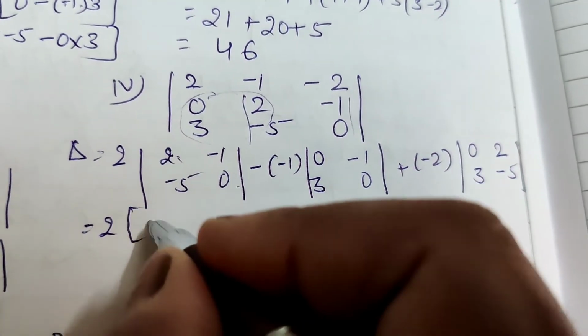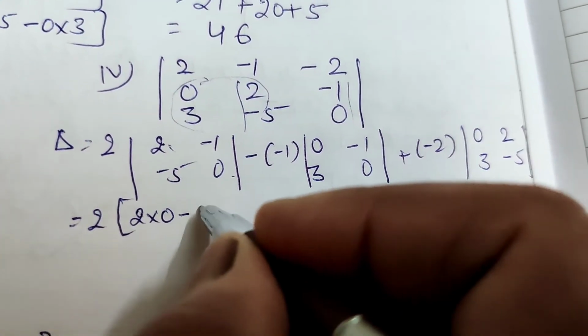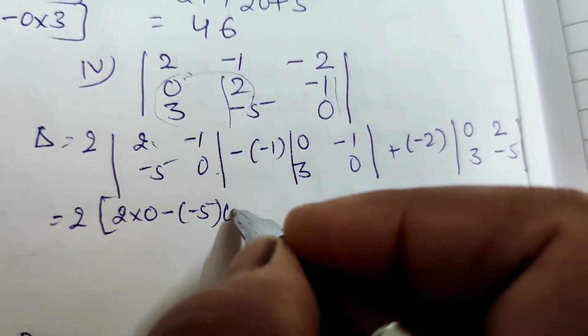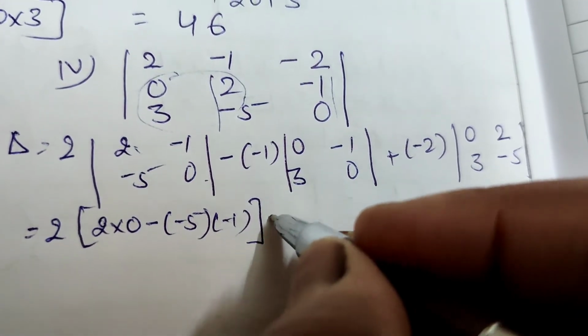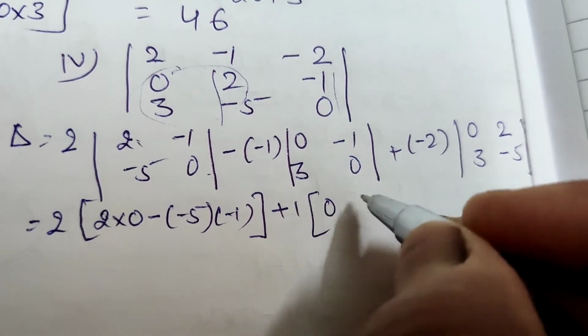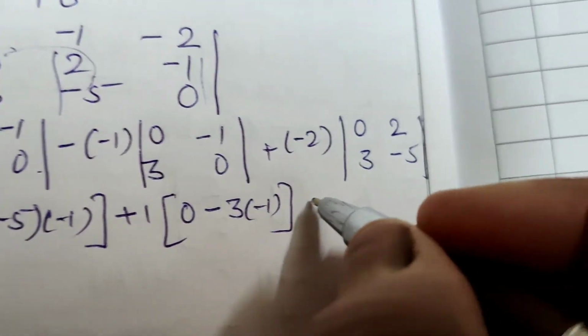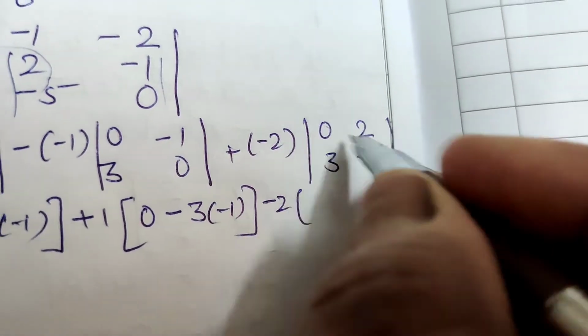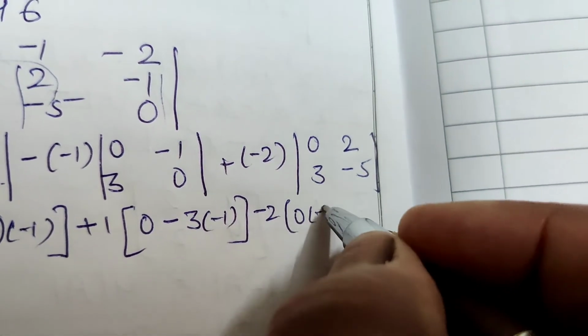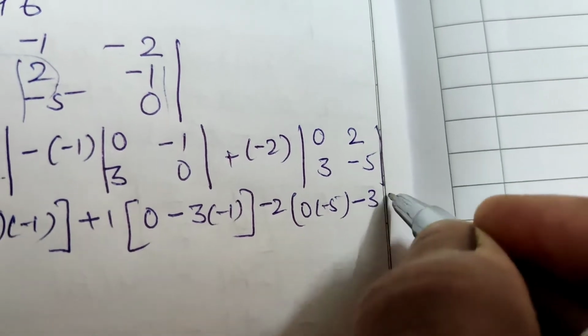2 into 0, minus 5 into minus 1. Plus 1 multiplied to 0 minus 3 into minus 1. And minus 2 multiplied to 0 into minus 5, just cross multiplying, minus 3 into 2.